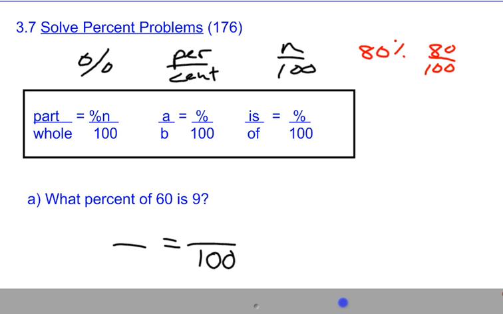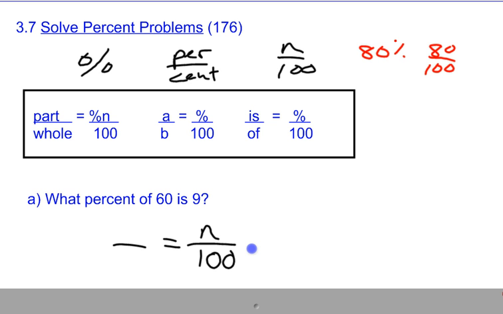We just have to figure out where is the unknown thing here. So it says what percent. So where does the percent show up in our proportion? Is it in the numerator, denominator, or the numerator on the right? Good, on the right. And we often see the letter N used to represent unknown percents, so I'll use that. You could use a different variable if you wanted.